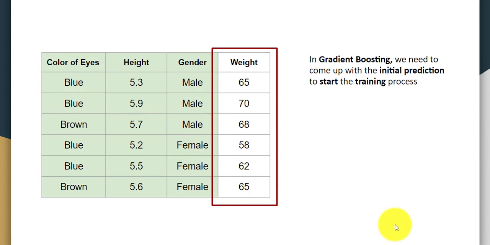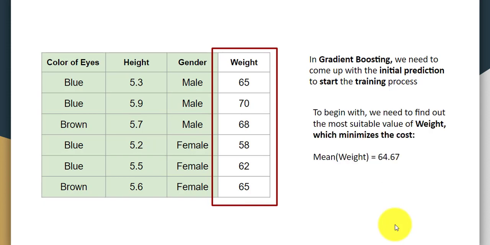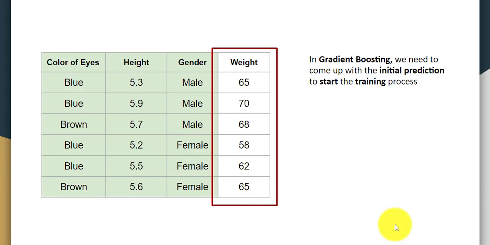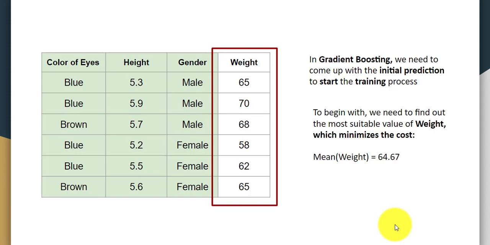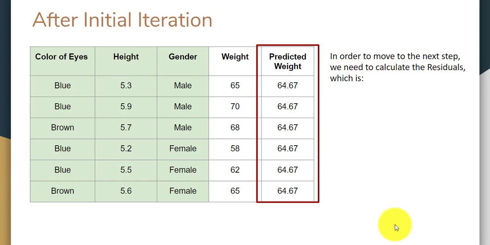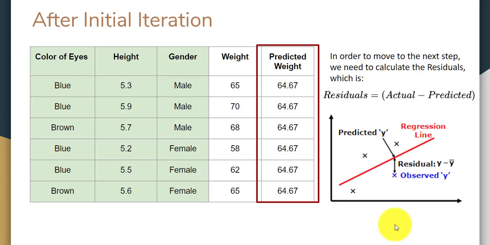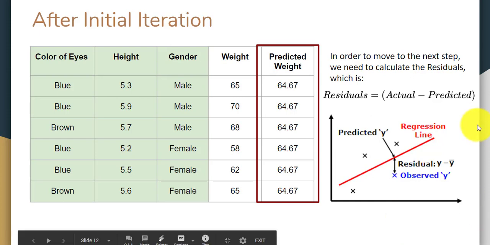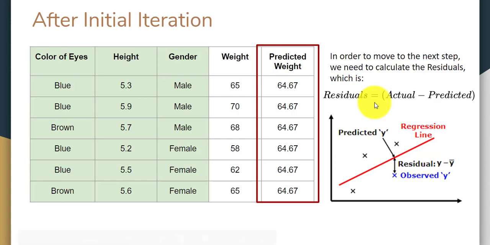In gradient boosting we need to start with some initial prediction. In the case of regression problems, as you might have guessed, the best initial prediction would be the average of all. The average of these data points comes out to be 64.67. That becomes my initial prediction, and residuals, as you know, are nothing but the difference between actual minus predicted values.